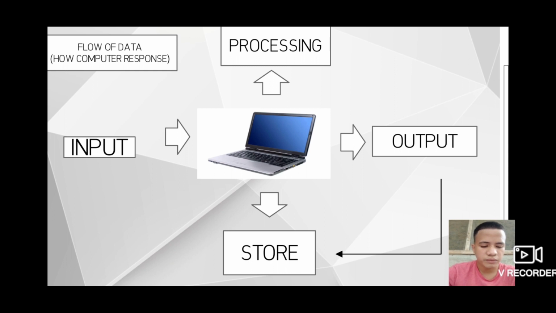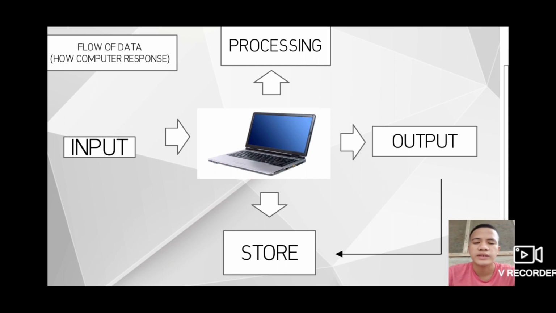So the computer performs useful operations. Examples of processing include performing calculations, sorting lists of words and numbers, and modifying documents and pictures according to user instructions. While data can be processed immediately, it can also be stored for future processing.